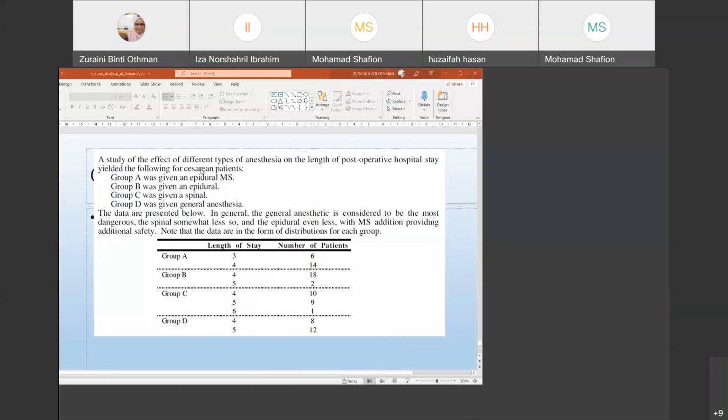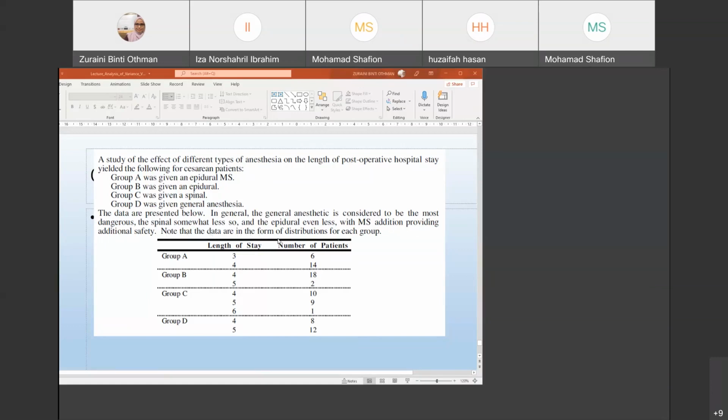Group A was given an epidural MS, B was given an epidural, C was given a spinal, and group D was given general anesthesia. Okay, then the data is presented below. In general, general anesthetic is considered to be the most dangerous. The spinal is somewhat less so, and the epidural even less, with MS addition providing additional safety.